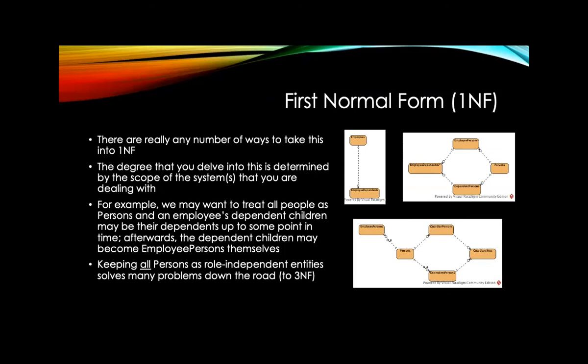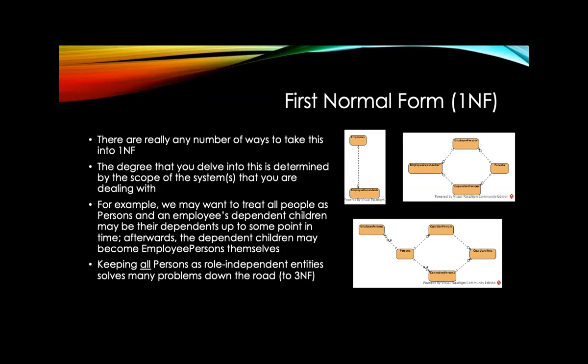So now I've created this interesting circular dependency here. But this even has a problem. And why does this have a problem? This has a problem because I assume that a dependent is the dependent of an employee in this case.